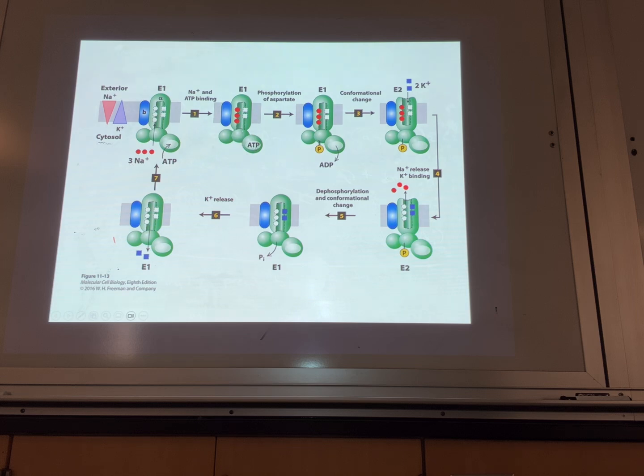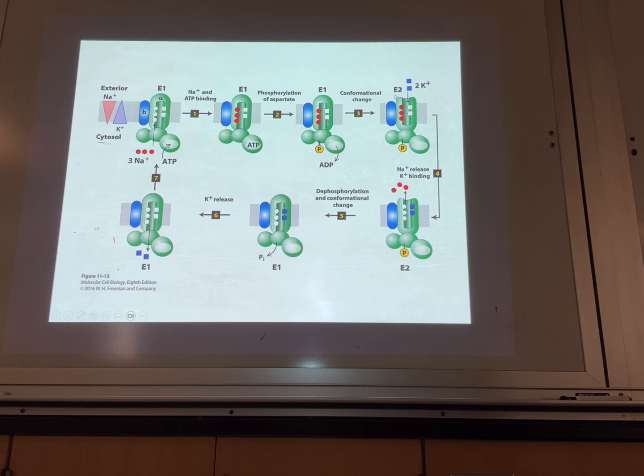So what happens is the sodiums get in place and they bind, and the ATP comes in and it binds as well. And then we get the phosphorylation of the P domain and generation of ADP, which then is removed from the binding site. When this happens, we get the conformational change from E1 over to E2.